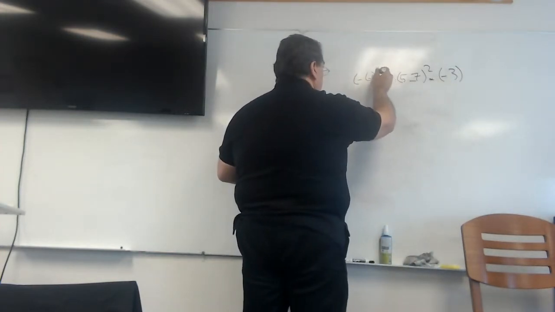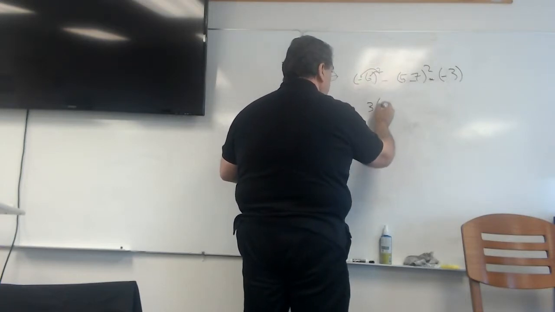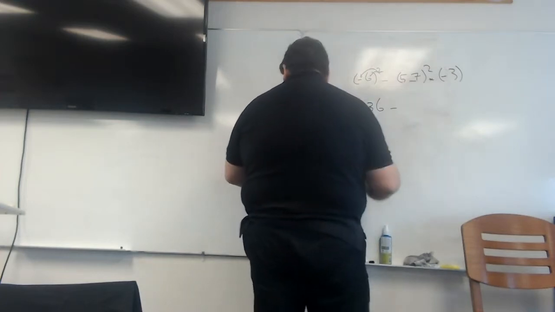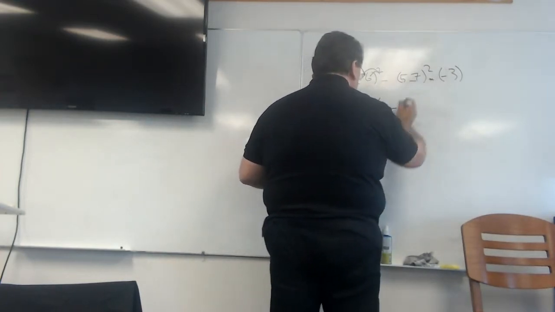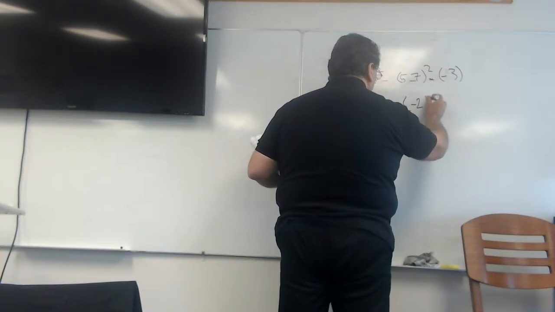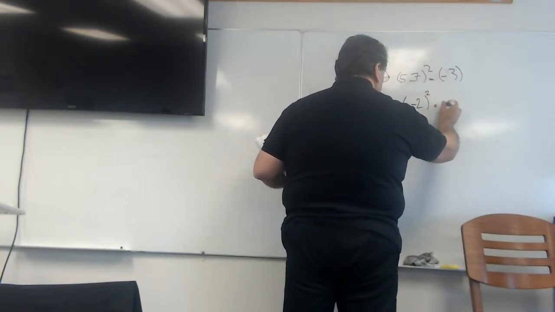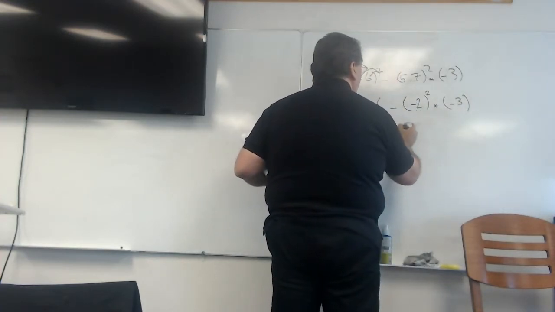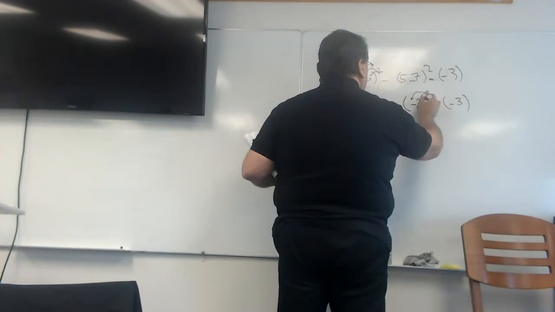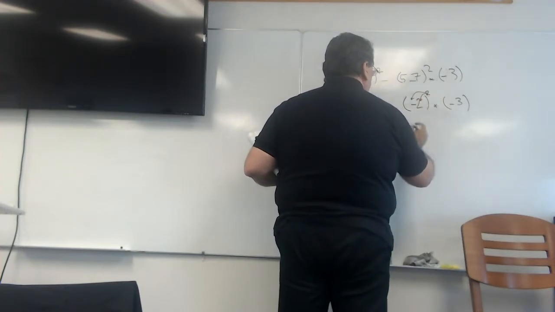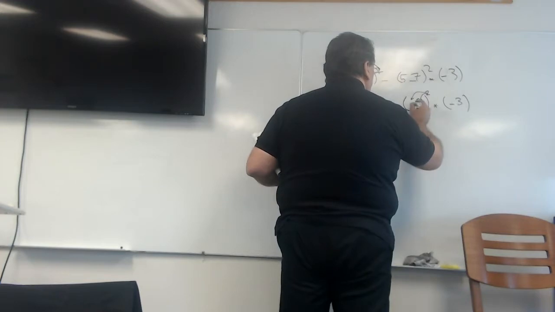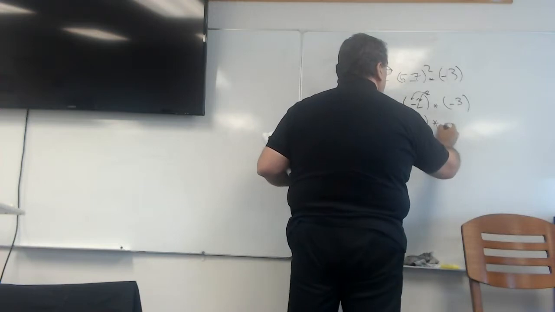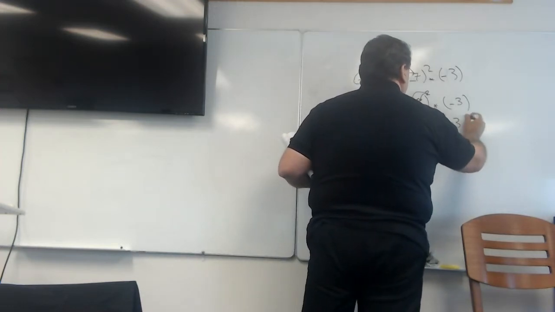This 2 applies to both the negative sign and the positive sign. So it becomes 36, 5 minus 7 is minus 2 to the power of 2 times minus 3. Again, 36 minus, this 2 applies to both the sign and the value of the number. This becomes plus 4 times minus 3.